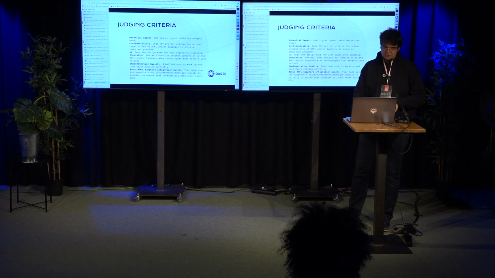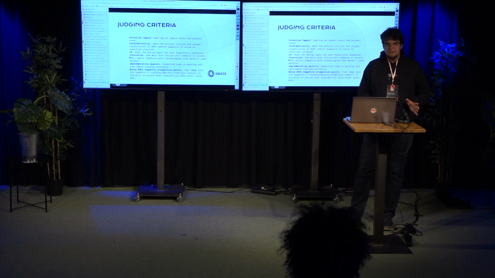Okay, when it comes to judging criteria, I just like to point out the innovation. So it's not just, we have a bunch of examples, and we encourage you to try to integrate some other technologies we didn't think of. So yeah, AI agents, LLMs, this is pretty obvious. Can we do something completely else?